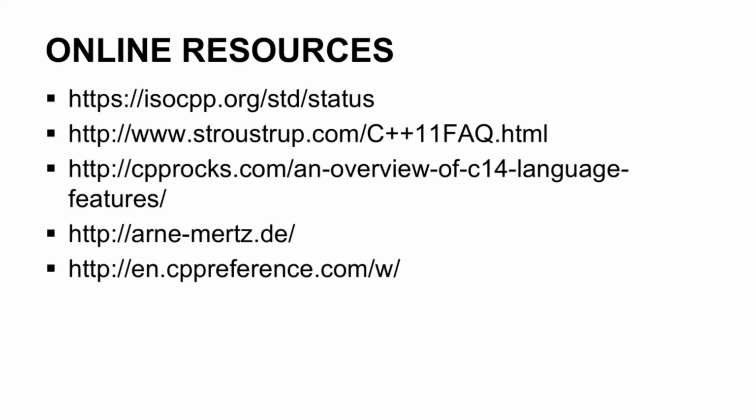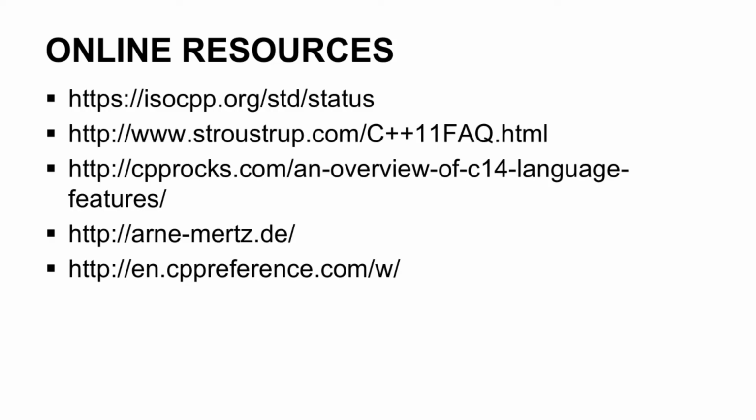It's hard to know where to start when discussing online resources because there's so much to choose from. ISO CPP is a good place to go for news about C++ and where standardization is going. The status page gives details about what to expect in forthcoming releases. Bjarne Stroustrup's site has a very comprehensive FAQ page on modern C++.